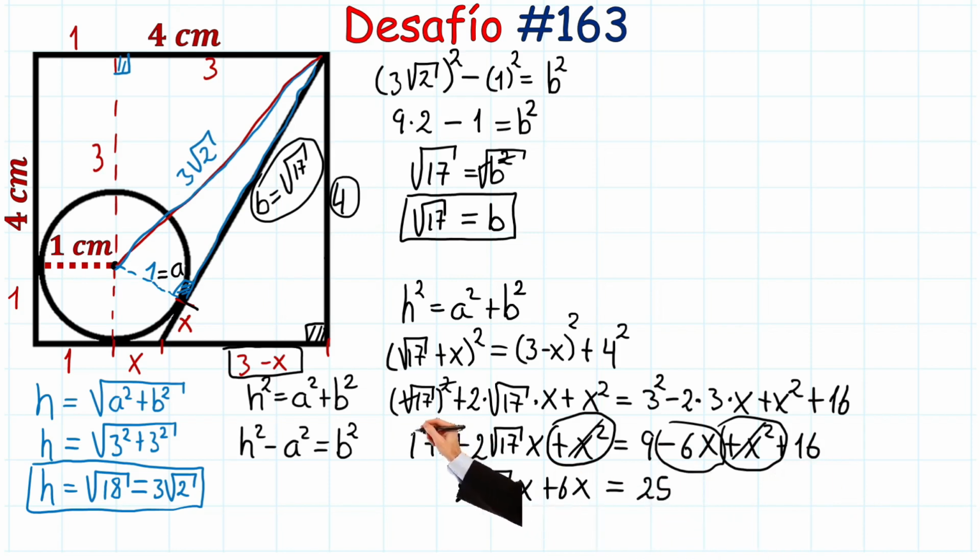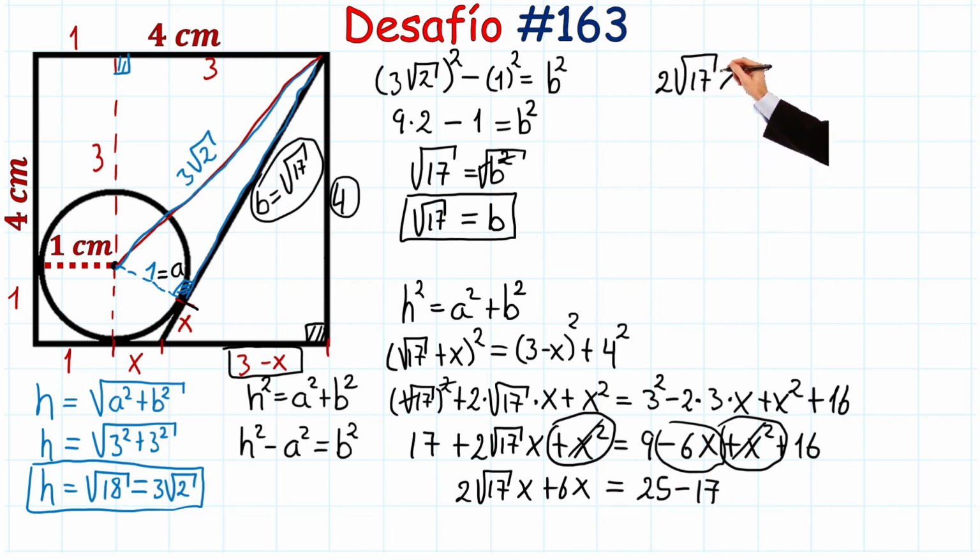And finally the 17 remains on the other side as minus 17. Very good. Let's write that up here to continue. So we have 2 square root of 17 x plus 6x equal to 25 minus 17, which gives us a value of 8.